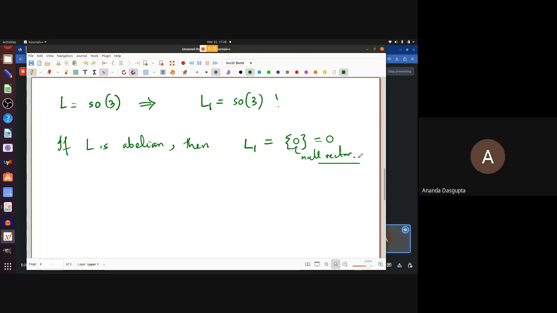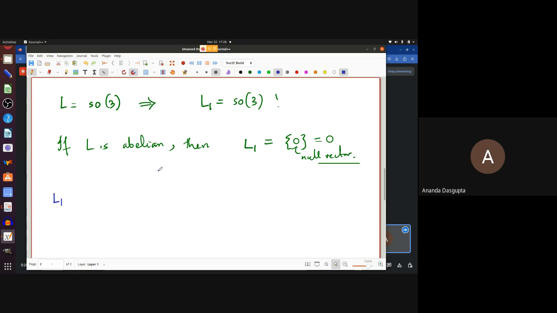Okay, now two important properties of the commutative subalgebra. One is L1. This L sub 1 is always a special notation for the commutative subalgebra. Sometimes we also use L prime. After all, prime is a notation for derivatives.